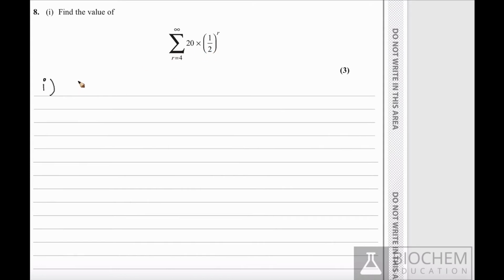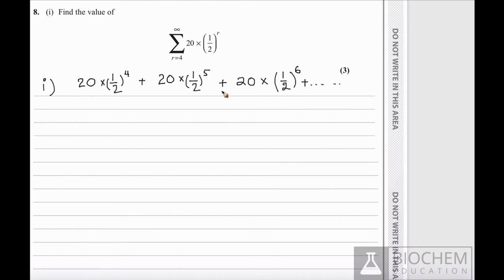The first term of the sequence will be 20 times half to the power of 4, plus the second term will be 20 times half to the power of 5. Third term would be 20 times half to the power of 6, and so on, up to infinity.